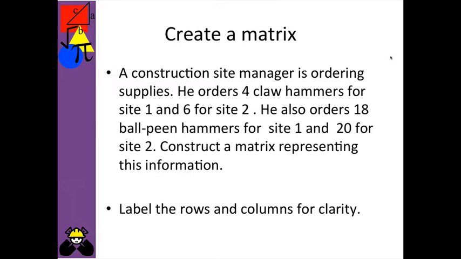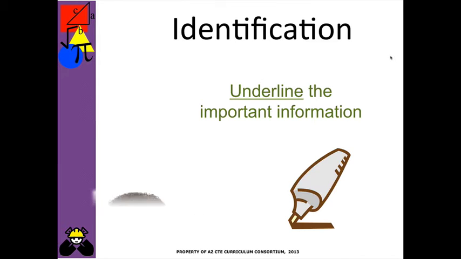We're going to learn to construct a matrix for this information, and since it's a real life problem and these are not naked numbers, we are going to label the rows and the columns for clarity. Fill in the missing numbers on your note taker, and I'll meet you back here in a minute. Welcome back.